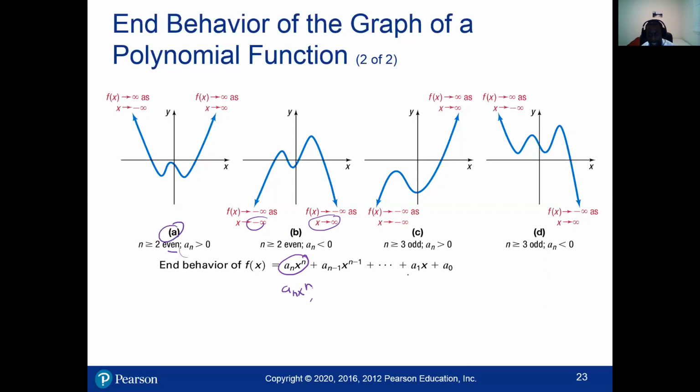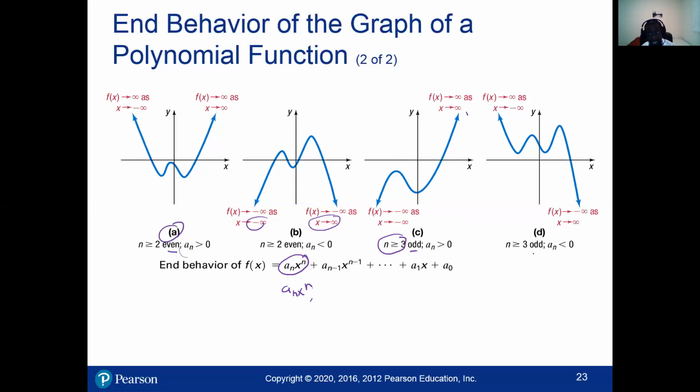On the other hand, when n is odd, a positive integer greater than or equal to 3, and a_n is positive, it's going to rise to the right and fall to the left as x goes to positive infinity and negative infinity respectively.